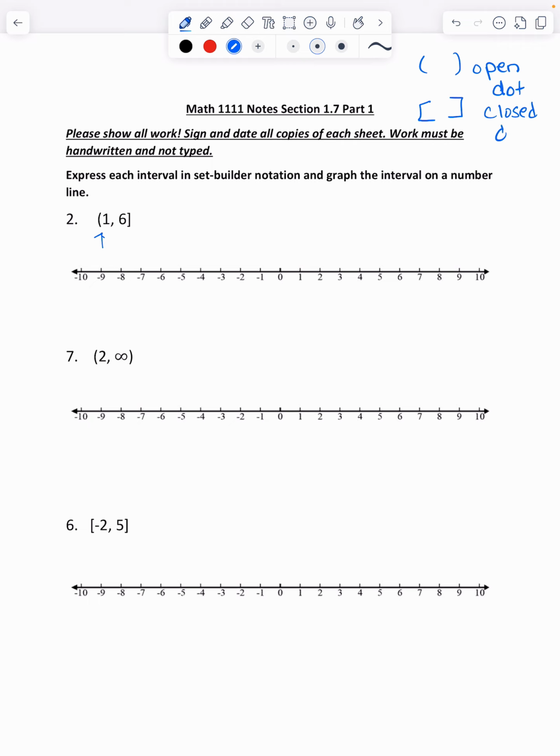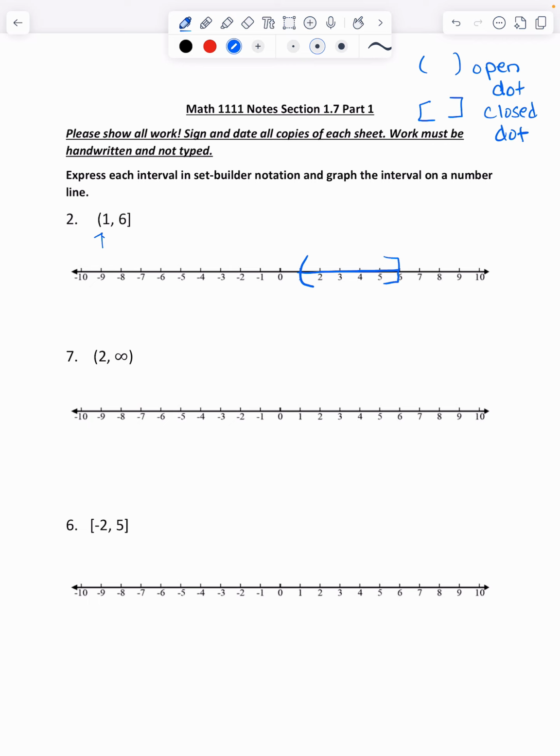An open dot or a parenthesis says, in your solution set, do not include 1, but start at 1. So my solution is going to include all those numbers, not including 1, but between 1 and 6. And because it's a bracket, 6 is going to be included in that solution set.